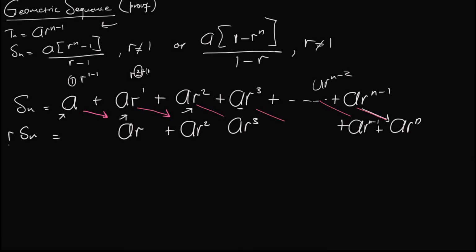We multiply each of these terms by r: A gives you Ar, Ar gives you Ar squared, then Ar cubed, and so on, with A r^(n-2) giving you A r^(n-1) and A r^(n-1) giving you A r^n. So nothing that we have changed really. So let's draw now a line.